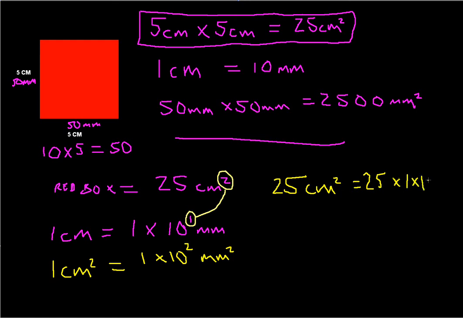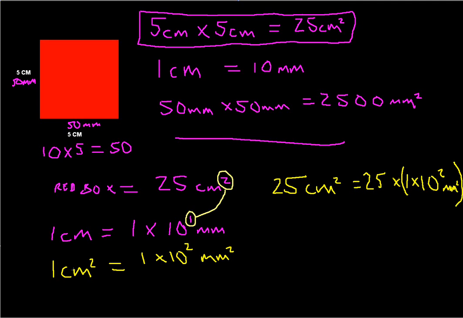Let's bracket around that, make it clearer. Okay, hopefully I haven't confused you too much here. We've worked out this formula here. We know that 1 centimetre squared is 1 times 10 to the 2 millimetres squared. But we need to know 25 of them.